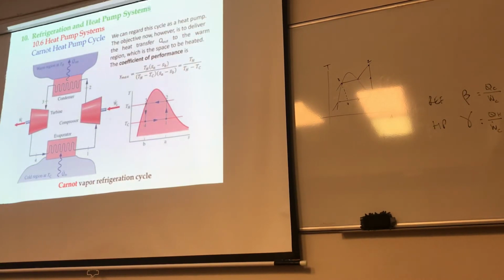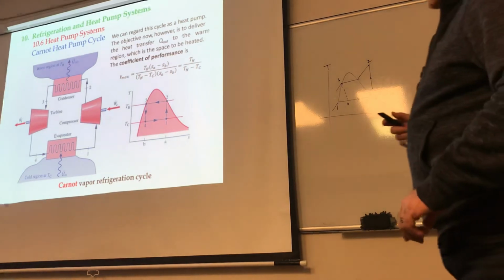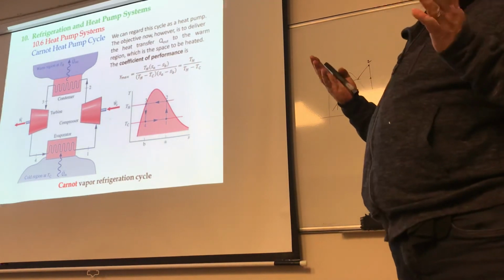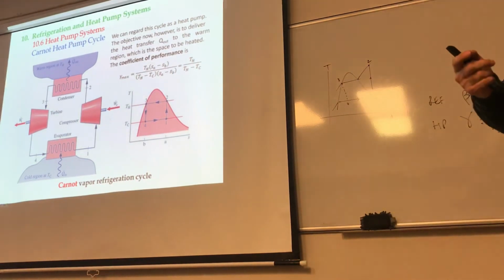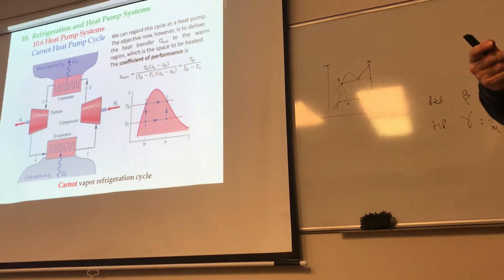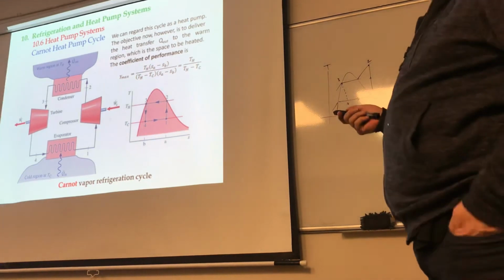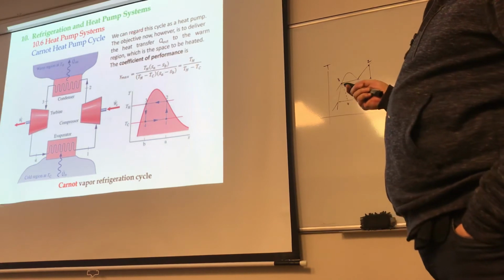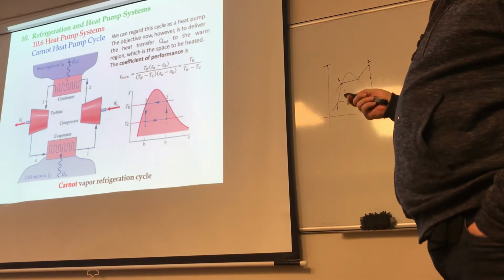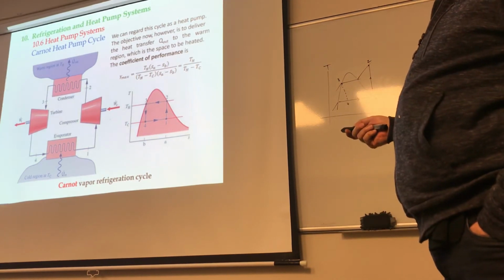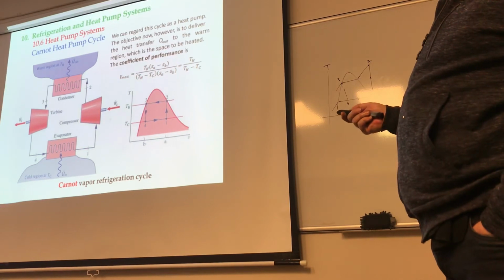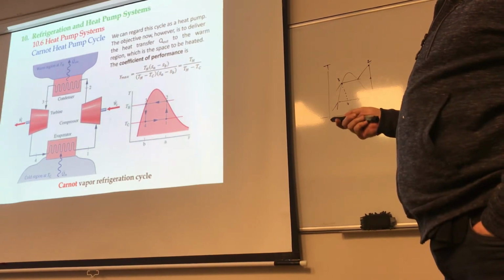Again, when you look at this, repeating that same idea that we talked about before for a vapor power system, we can regard this cycle as a heat pump, right? You're still going from 1 to 2 for this and that, and obviously you remember what we said about the turbine.